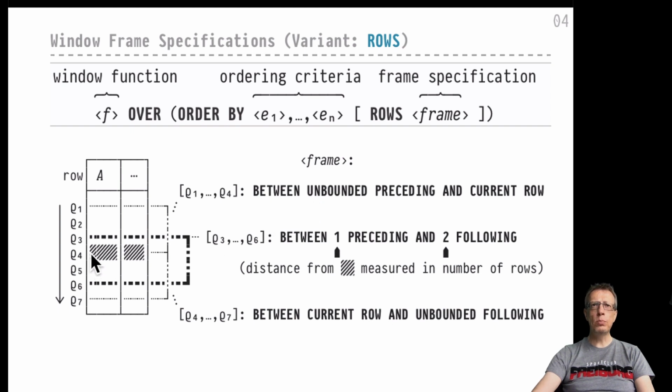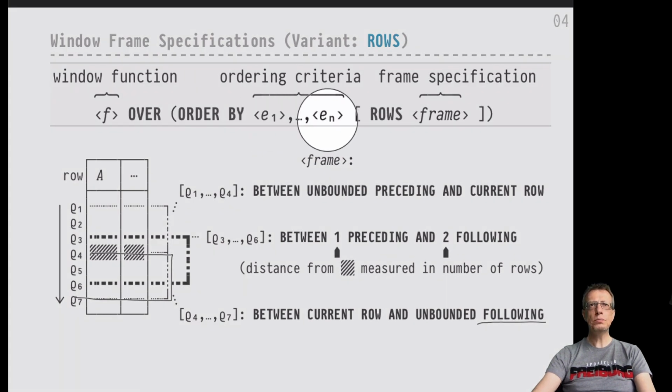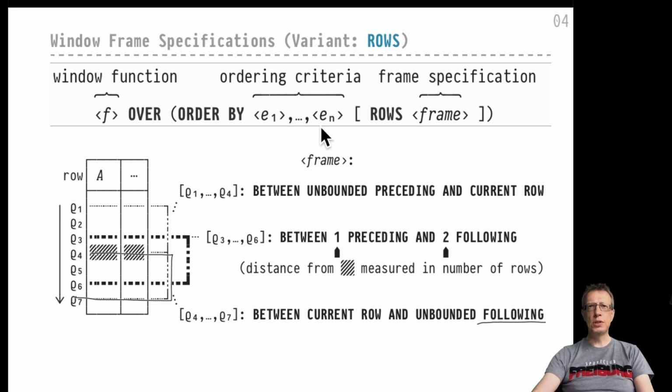A different frame would be this frame. It extends from the current row until the end of the table. So it would be between the current row and unbounded following. Everything following the current row, following, of course, according to these ordering criteria. All of these rows would be considered the vicinity regarding this frame specification. So this is a different frame specification, and we have already specified two different frame specifications here.